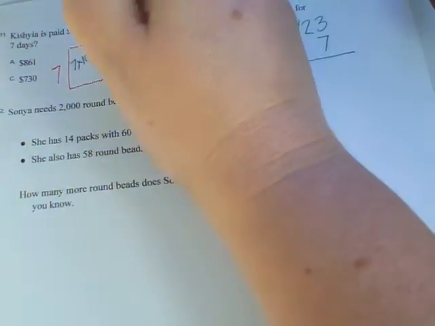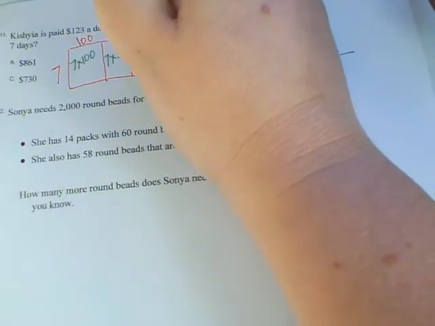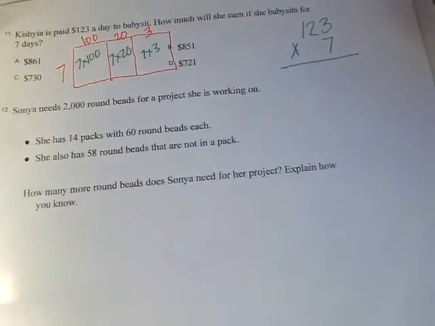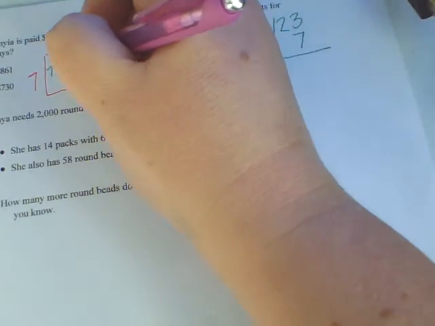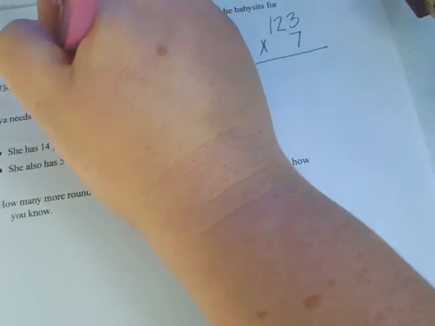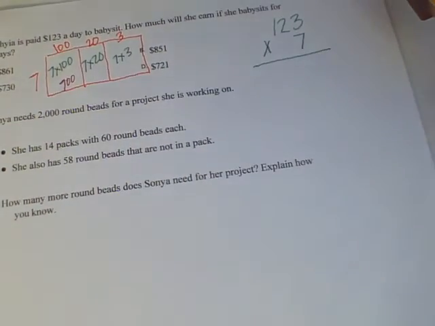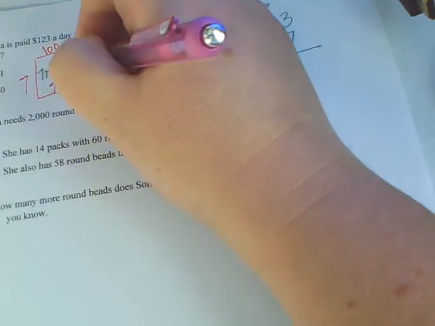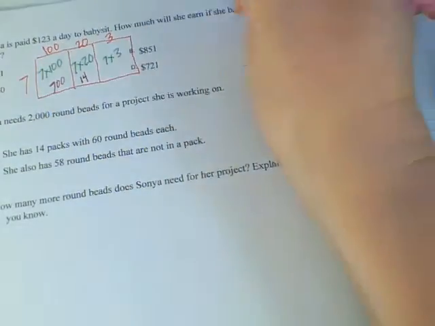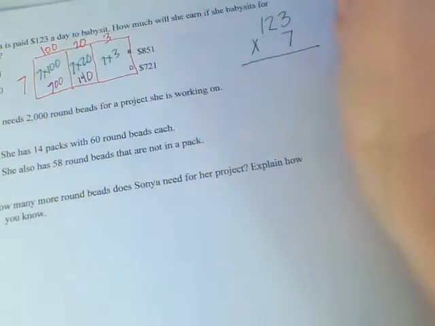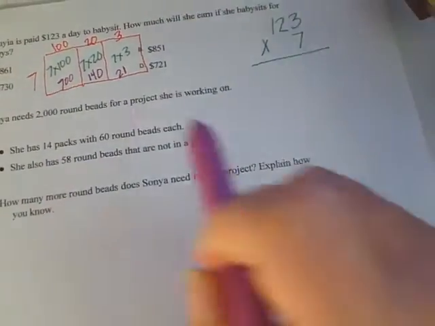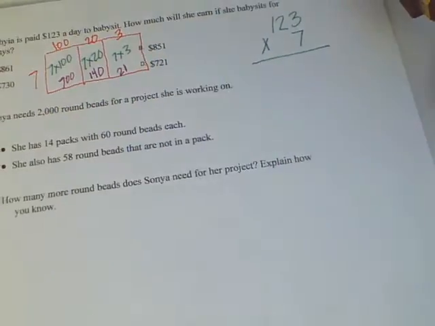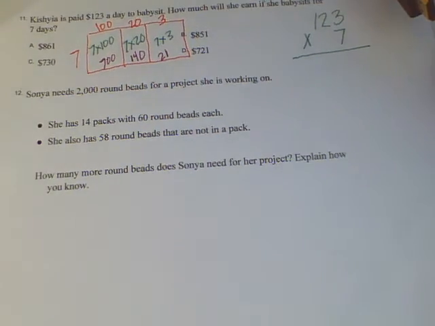So now you've got 7 times 100, 7 times 20, and 7 times 3. Okay? And remember what I talked to you about. 7 times 1 is 7, and then just bring down your 2 zeros. 7 times 2 is 14, then just bring down your 0. And 7 times 3 is 21. Take all 3 of those partial products and add them up.